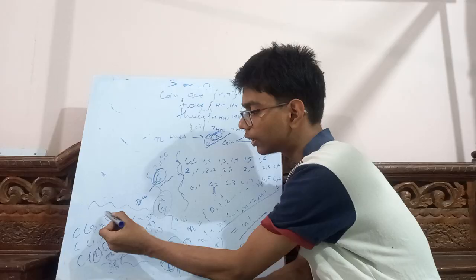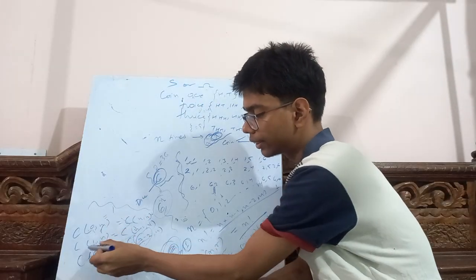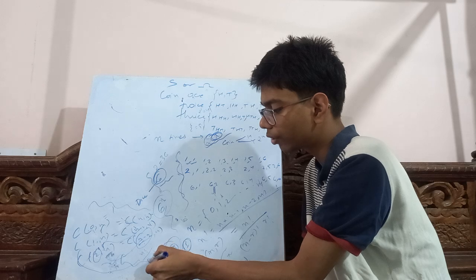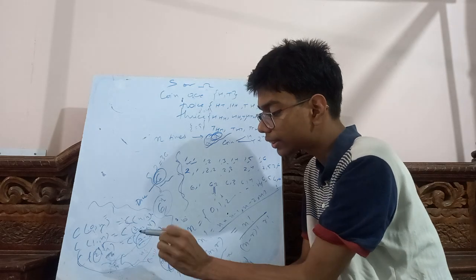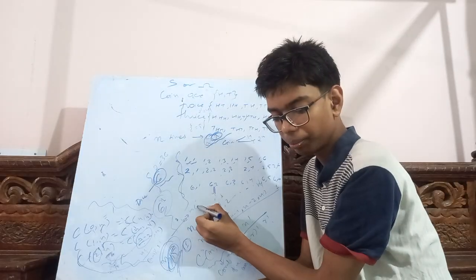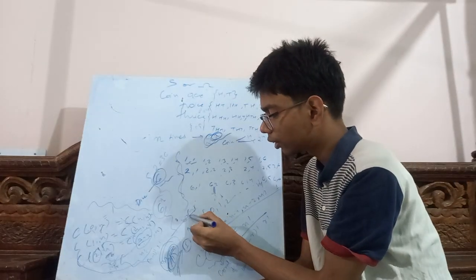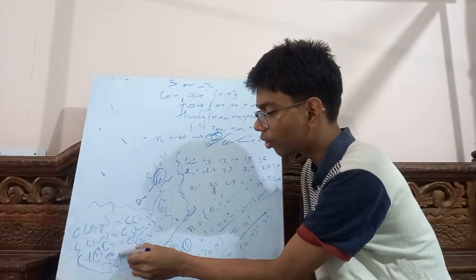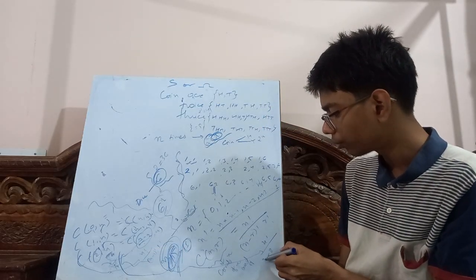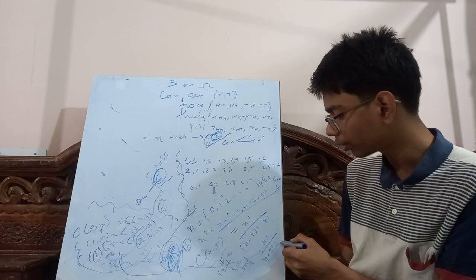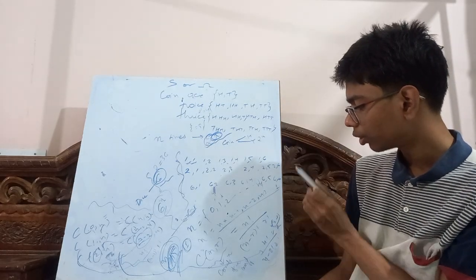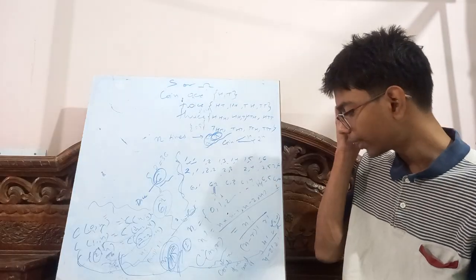So this is clearly 1, right? This is n factorial by (n minus 1) factorial times 1 factorial, which can also be written simply as n. And then this is n factorial by (n minus 2) factorial times 2 factorial, which is written as n into n minus 1 by 2. How am I writing it like that?